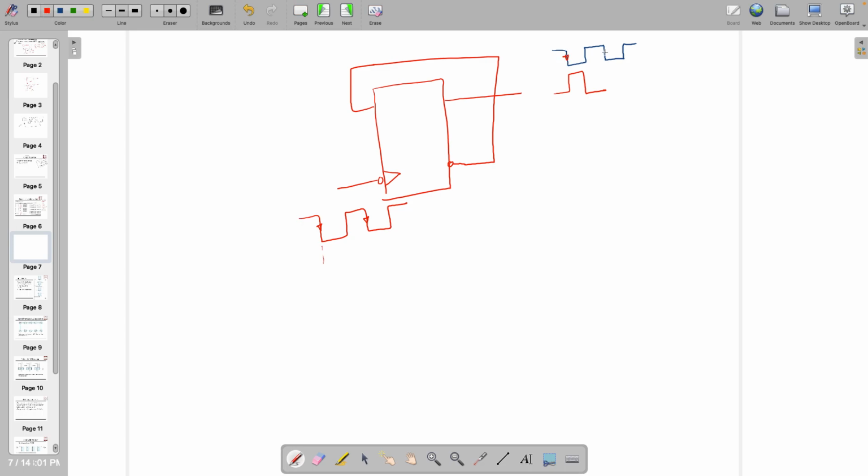So when there is a negative edge, this is going to become 0 to 1, 1 to 0, and so on and so forth. Of course, the oscillation frequency will be half. If this is running at 1 gigahertz, then this will be running at 500 megahertz. So this is one thing we need to understand.